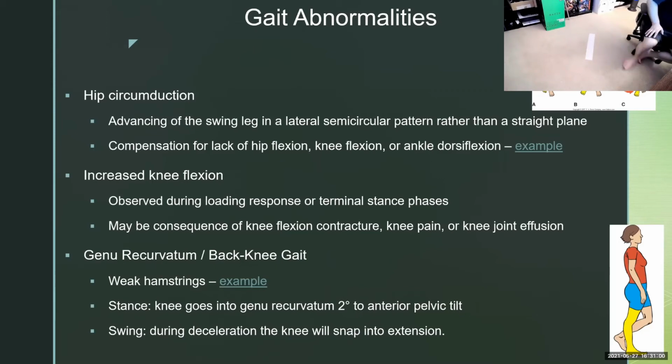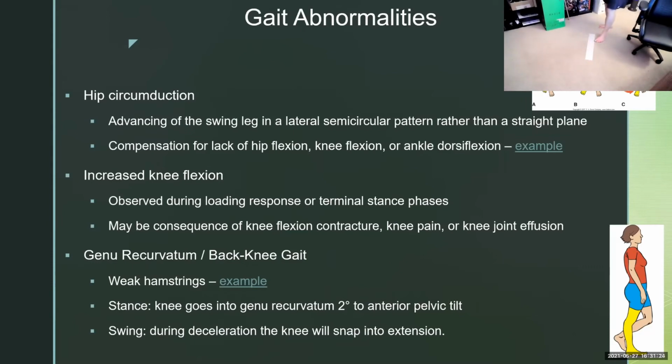Increased knee flexion is typically when we have problems with the knee itself, usually a contracture or knee pain, swelling, or they're post-surgical. You'll see it during loading response or terminal phase, so when I'm getting ready to come to toe off, my knee's stuck in flexion. Right? So my base of support is going to drop way low.